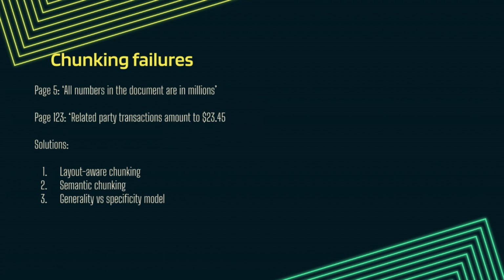So chunking failures, and no technique that's out there can reliably solve something like this. Imagine you have a very large database, and in that there's one document. On page 5 it says all numbers in the document are in millions, but on page 123 it says related party transactions amount to $23.